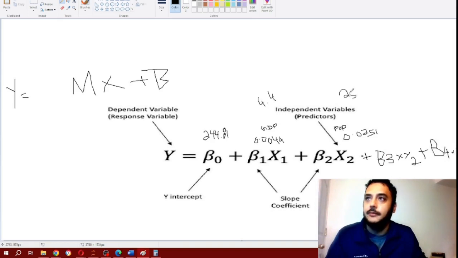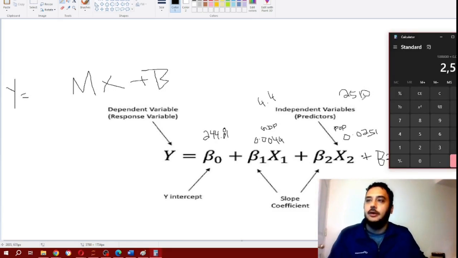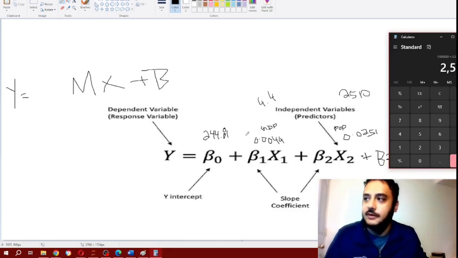All right, so what we're going to do is add all of these, the slope coefficient terms and the constant, or the y-intercept. So let's go ahead and add them all. That will be 2,510 plus 4.4 plus 244.81.